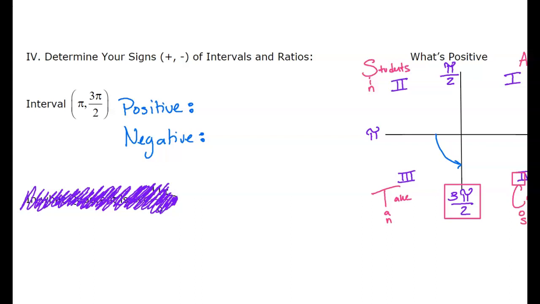Yes, tangent and its reciprocal cotangent. Which trig functions are negative? Everything else, literally everything else. So sine and its reciprocal cosecant, cosine and its reciprocal secant.